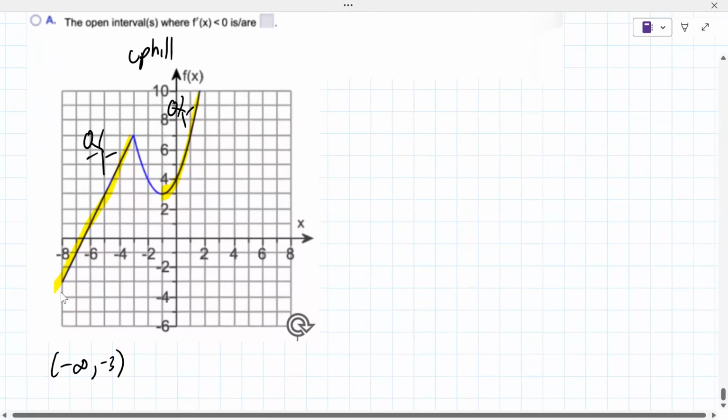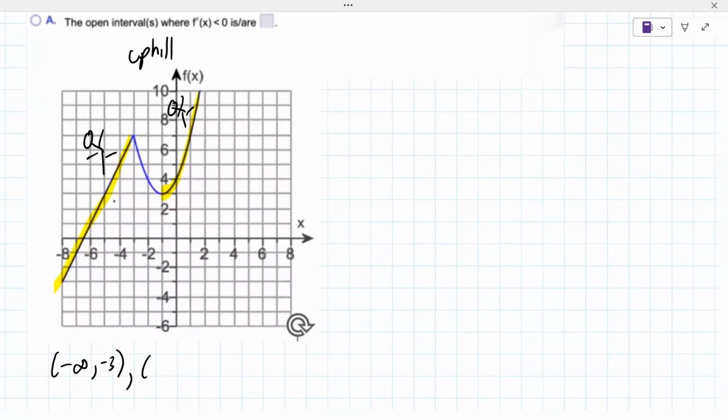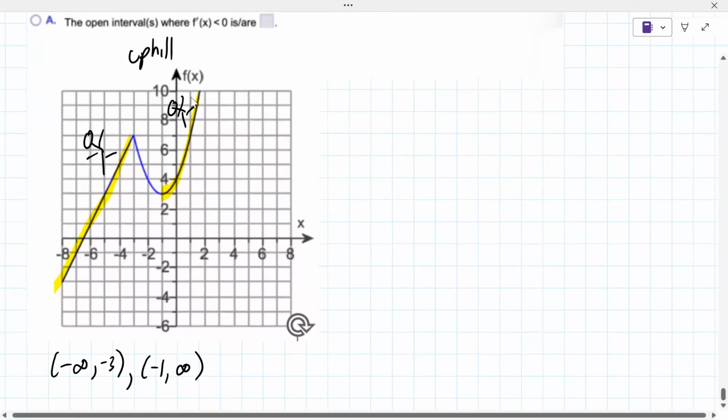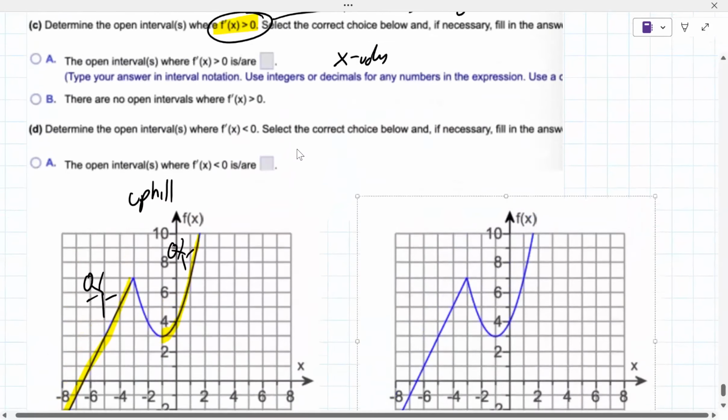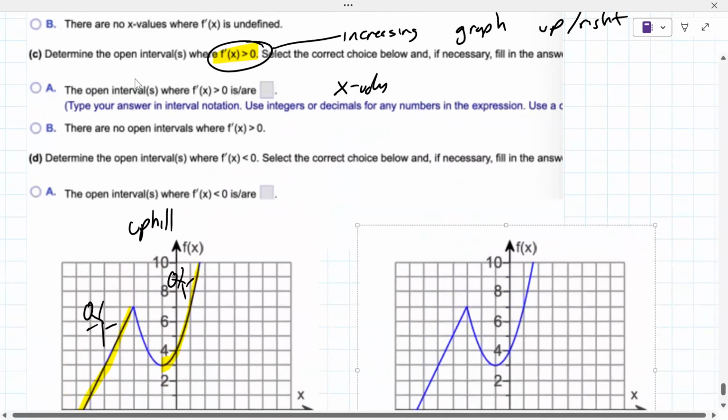That's this first yellow, comma, -1 to infinity. Even though the yellow is going up, this infinity over here is to the right forever. These are the X values. That's the answer to part C.